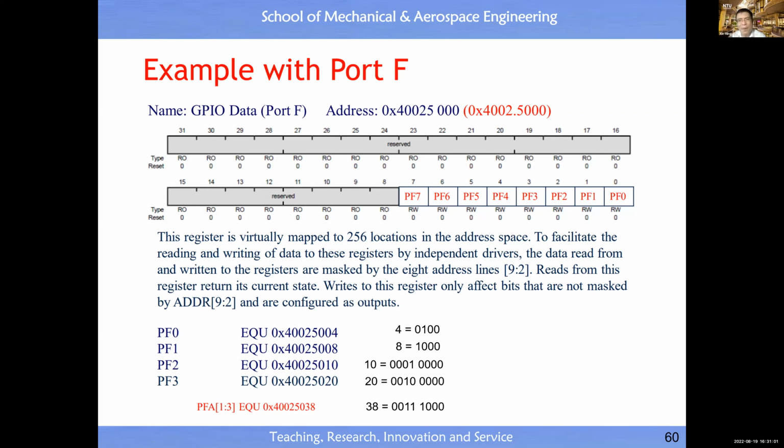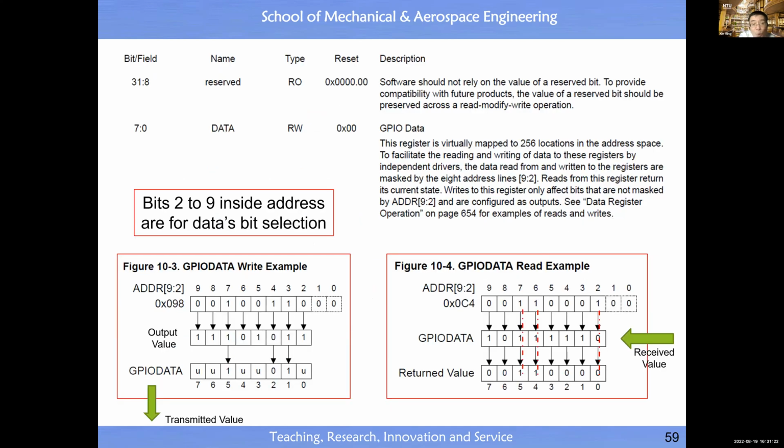And some of the pins will be allowed to flow in, flow out the bit, and the rest will not be allowed. For example, how to allow the data bit connected to pin 0, PF0, to flow in? Now you remember in the address bus it should be the bit number 2.